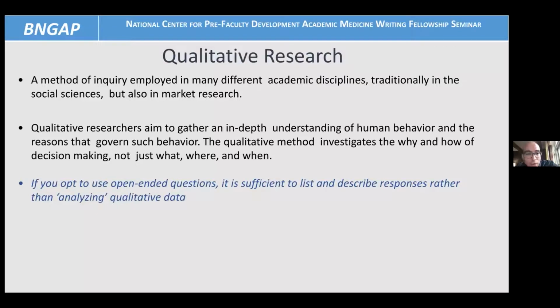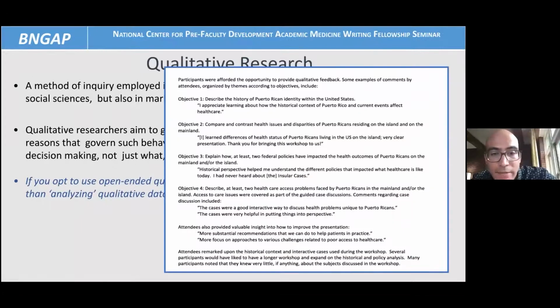Simply just list out some of this qualitative data is simply just to link back how it relates to some of your objectives at hand. So here's stealing from one of the ESRs from an actual successful submission to MedEd Portal of a similar topic, looking at some of the differences of health status of Puerto Ricans living in the US.